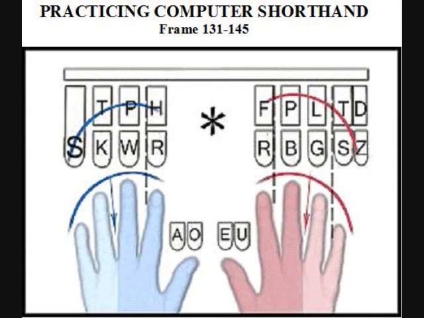Okay, frame 137 is final ang. Clang, gang, hang, sang, slang, sprang.